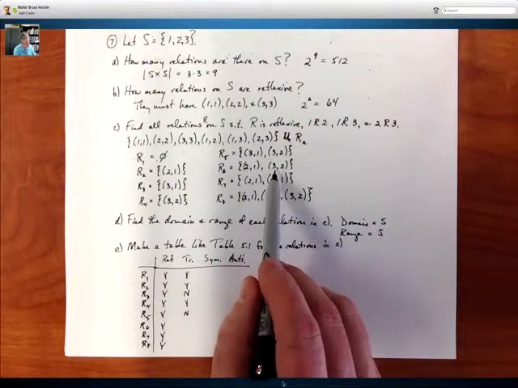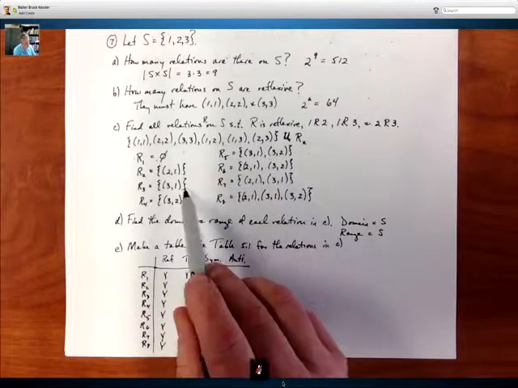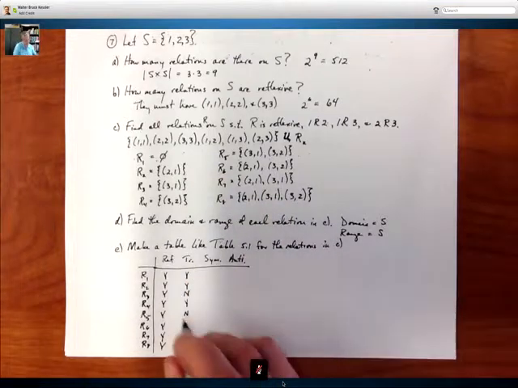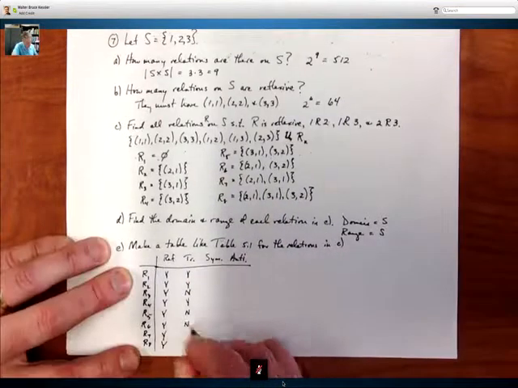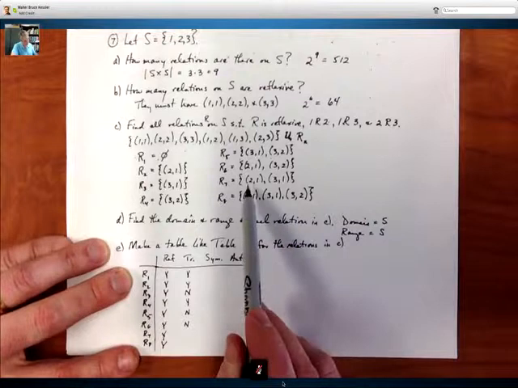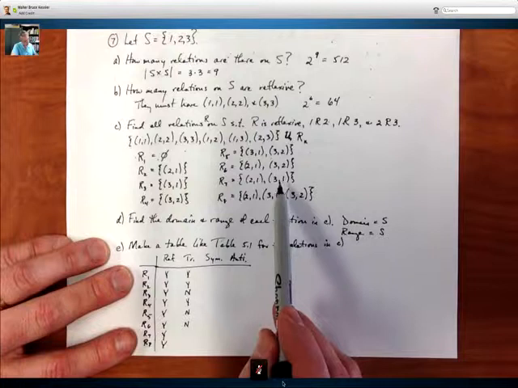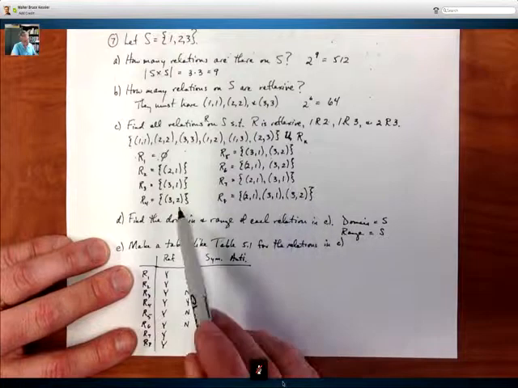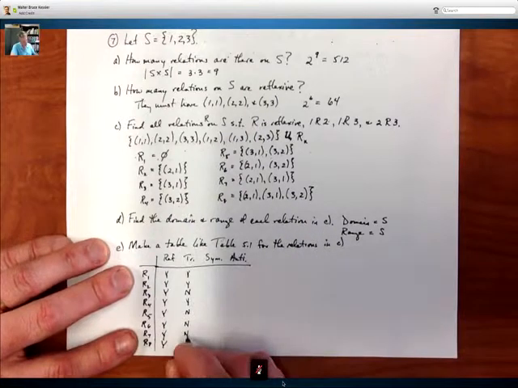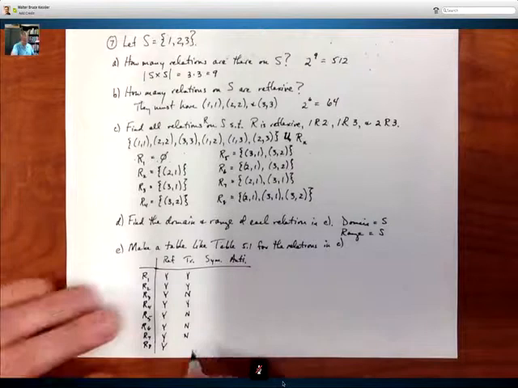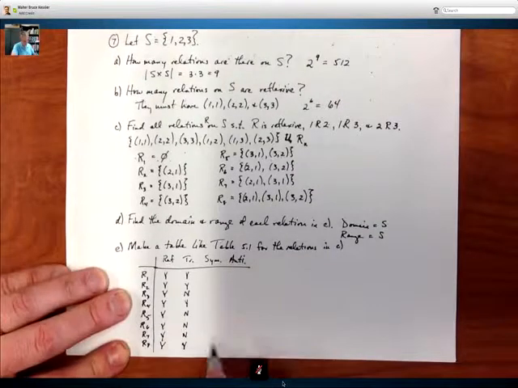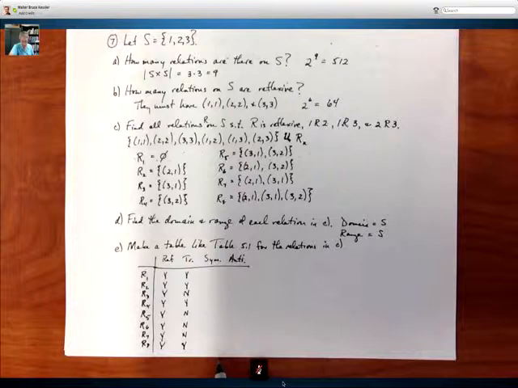Oh yeah, I'm sorry, I'm up here. 3 goes to 2 and 2 goes to 1, but 3 doesn't go to 1 if we leave that one out. And then this one, we leave out this one. So 3 goes to 1 and 1 goes to 2, but we don't have 3, 2 in there. But when you put them all in there, you'll get it.